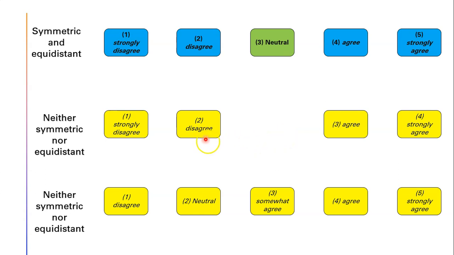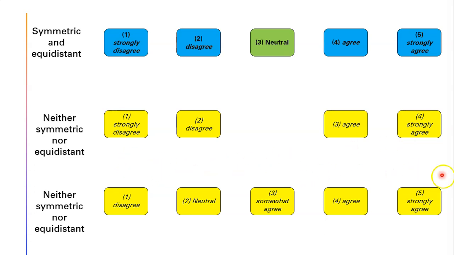And also note that the distance between point 2 and point 3 is double the size of the distance between point 3 and point 4, as well as the distance between point 1 and point 2. So not only is this scale not symmetric, but it is also not equidistant, and it is not recommended for data collection in PLS applications.